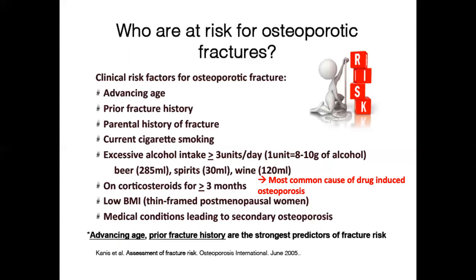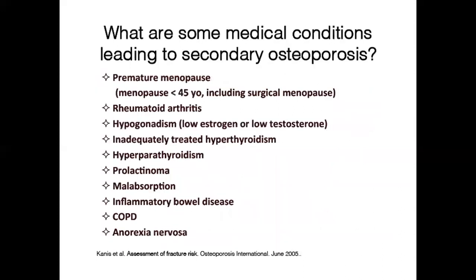We had a case before where the patient had chronic pancreatitis, and because of it, the patient was unable to absorb vitamin D, because vitamin D is a fat-soluble vitamin, and because of the severe vitamin D deficiency, the patient developed secondary osteoporosis. But remember, age and prior fracture history are the strongest predictors of fracture risk.